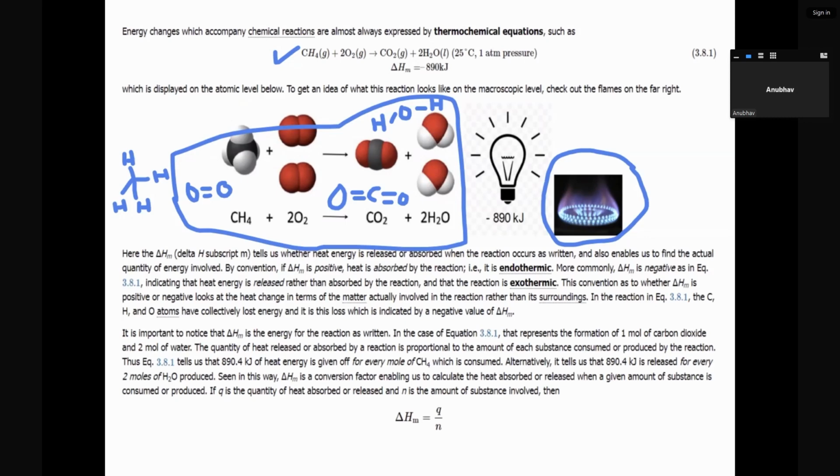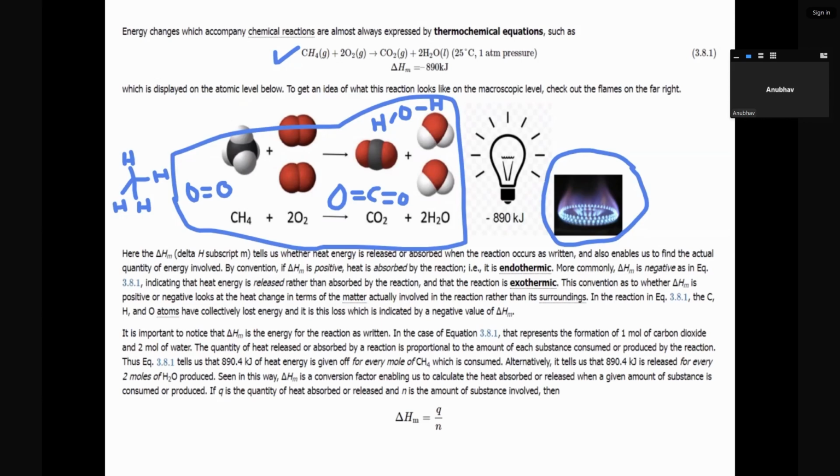It is endothermic. More commonly, delta Hm is negative, as in this equation, indicating the heat energy is released rather than absorbed by the reaction. So it is exothermic. If delta Hm is negative, it means it is an exothermic reaction.